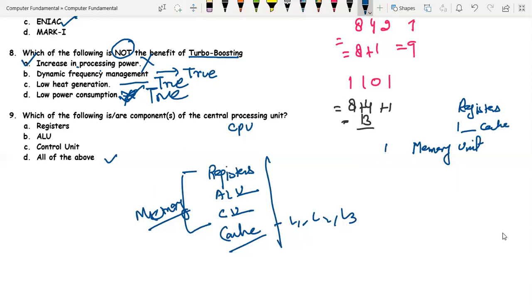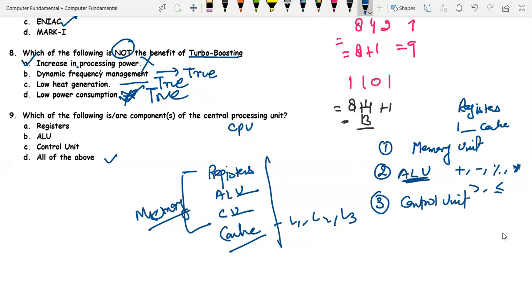Second is your arithmetic logic unit, ALU, responsible for all the mathematical operations like addition, subtraction, division, multiplication, or comparison. Third is the control unit, responsible for decoding and controlling the overall monitoring of your CPU.